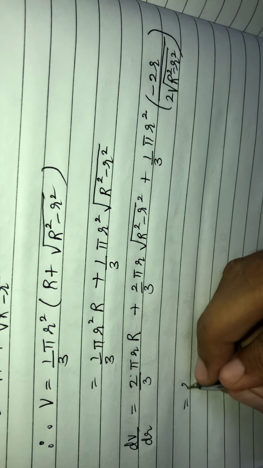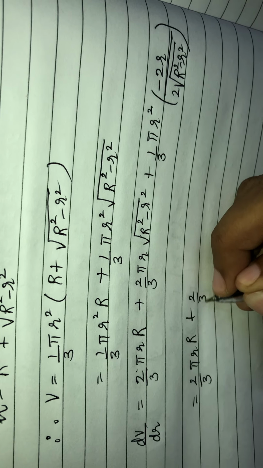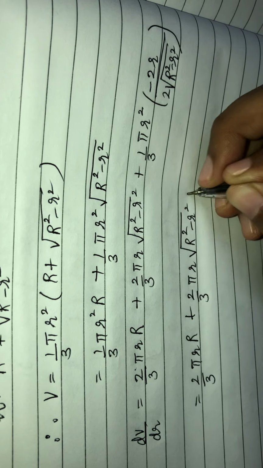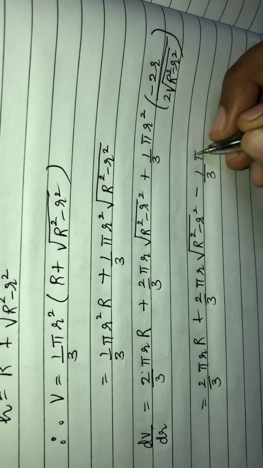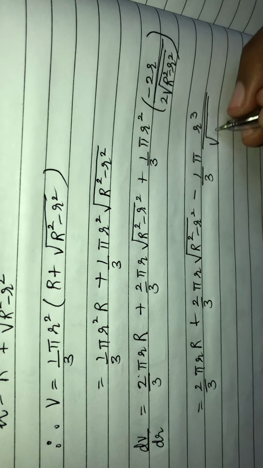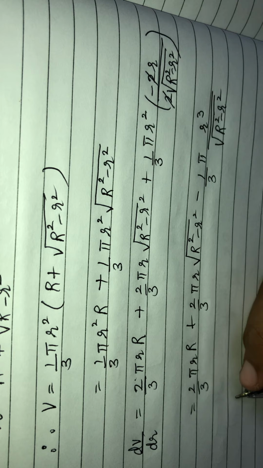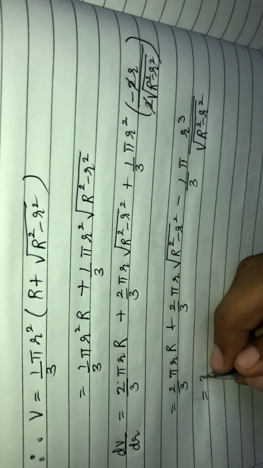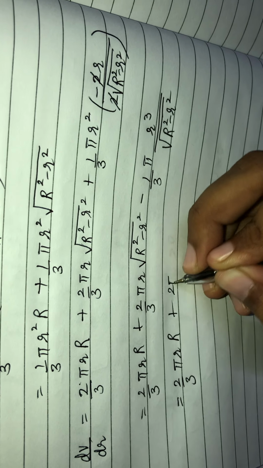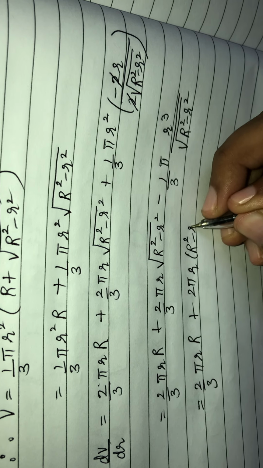So I am getting 2 by 3 pi r R, plus 2 by 3 pi r under root R square minus r square, minus 1 by 3 pi r cube upon under root R square minus r square. This 2 will get cancelled out. So after doing this, I am getting 2 by 3 pi r R plus 2 pi r, and while taking the LCM of the last two terms, I am getting under root R square minus r square.